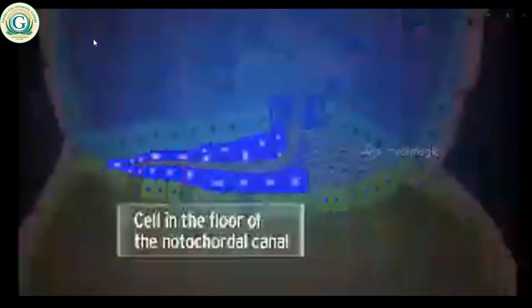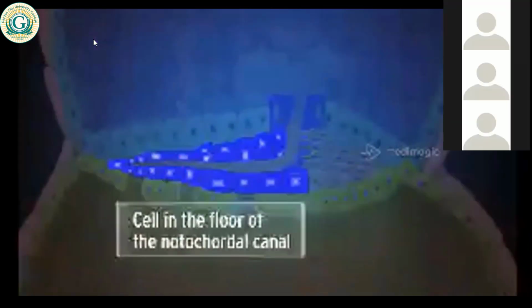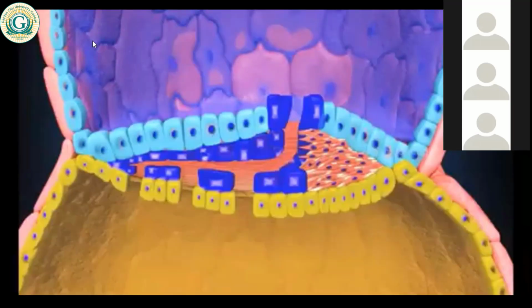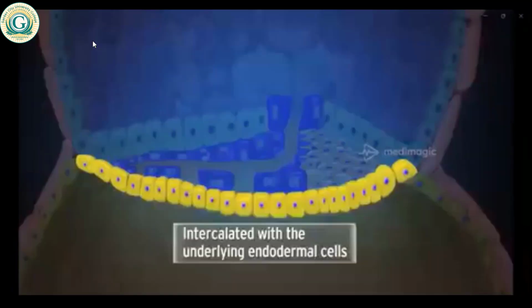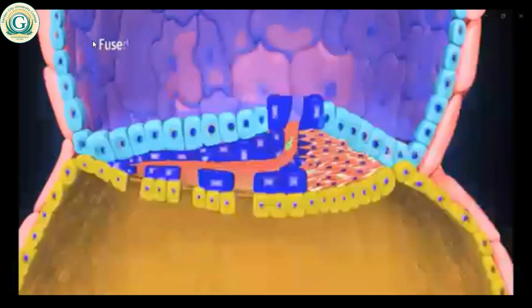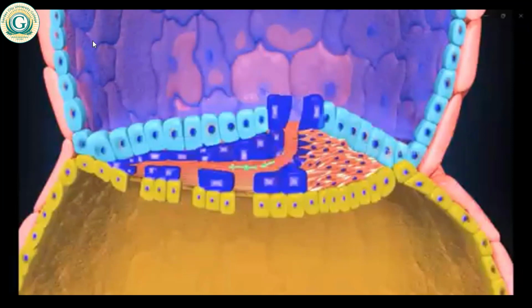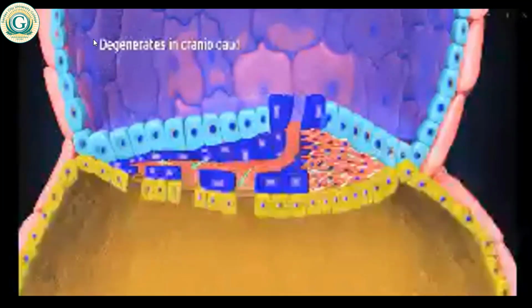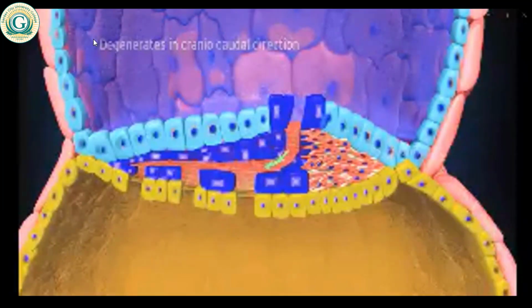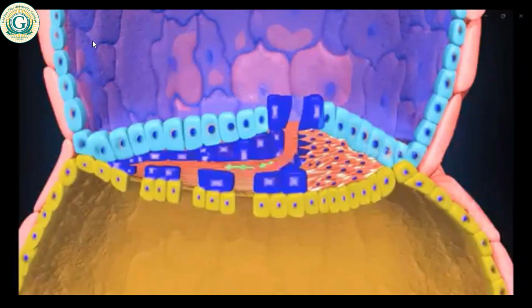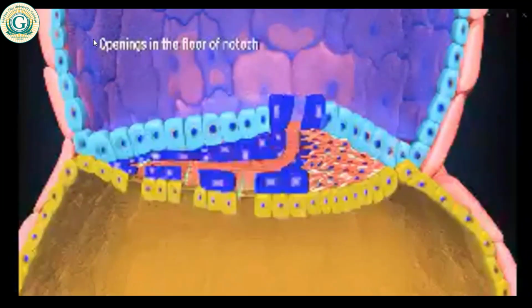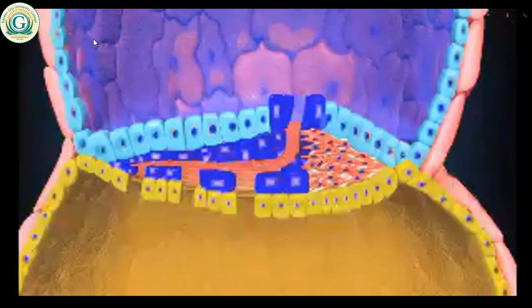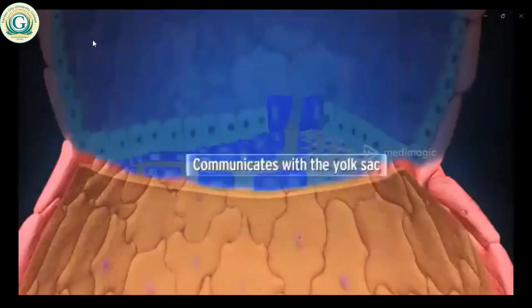The cells in the floor of the notochordal canal become intercalated with the underlying endodermal cells of the roof of the yolk sac. The fused layers gradually degenerate in craniocaudal direction, resulting in the formation of openings in the floor of the notochordal canal. Thus, the notochordal canal communicates with the yolk sac.